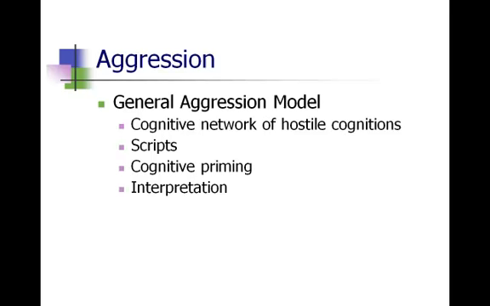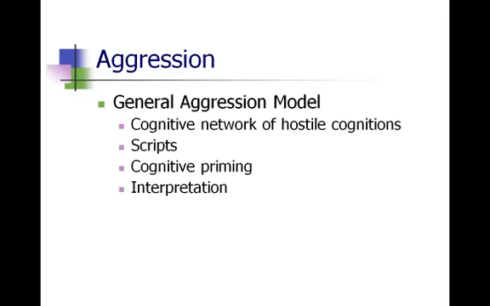Once hostile cognitions are activated, it influences the way all other stimuli are perceived. And because these schema are so well developed, it's easier to process information related to aggression.